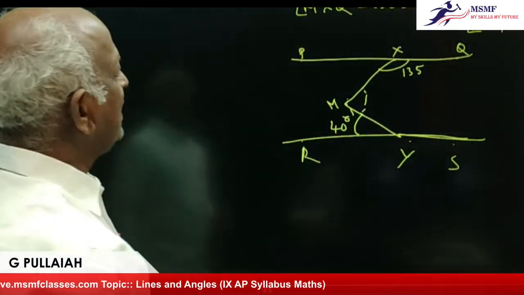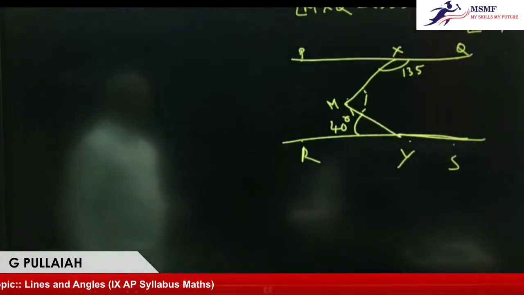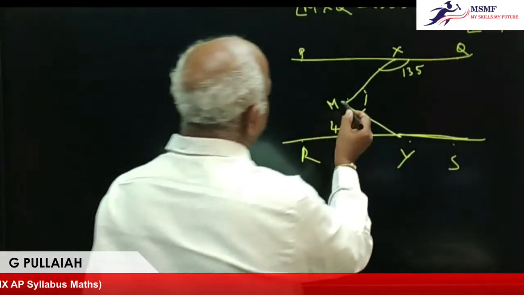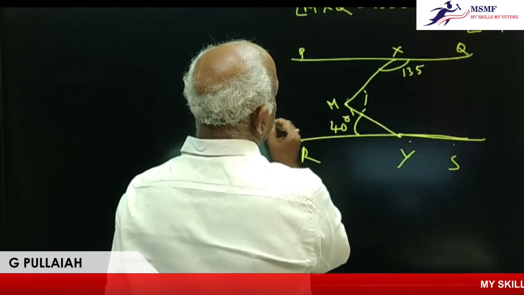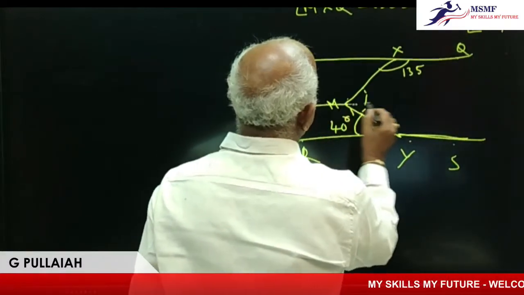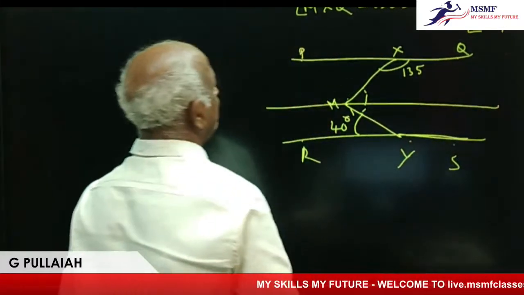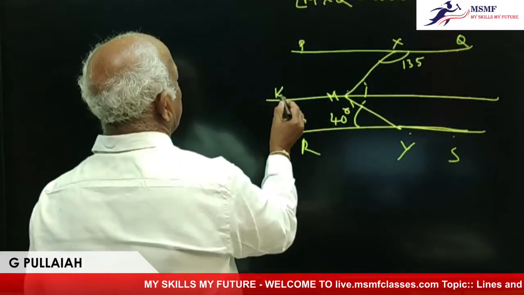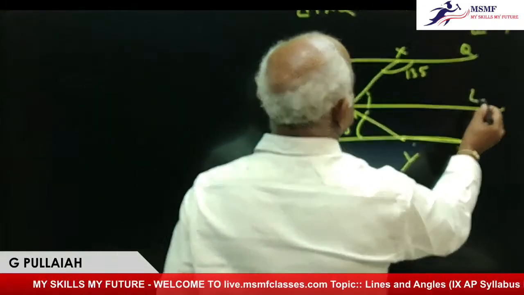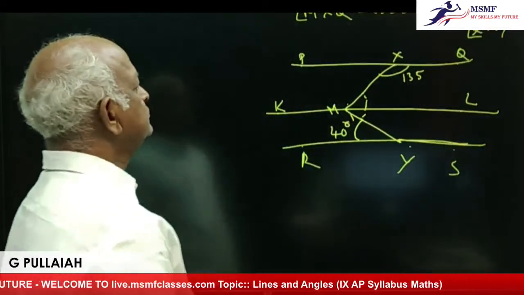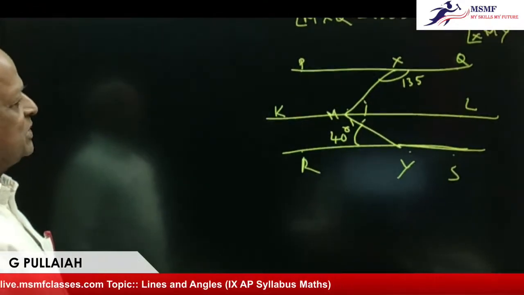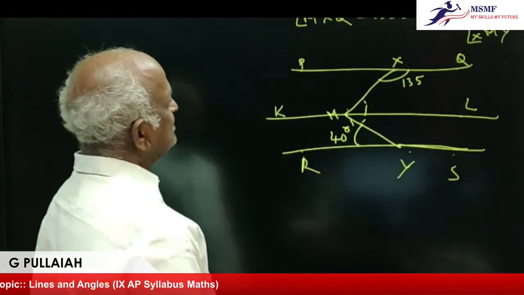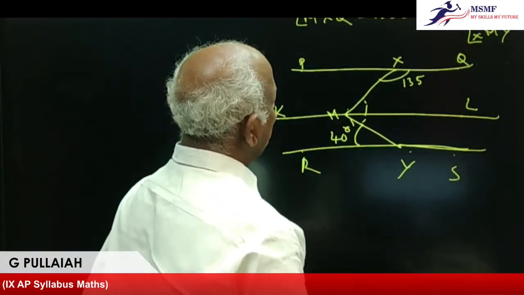So find angle XMY. Now let us draw a line through point M, parallel to PQ. Then this is KL. Observe very carefully. We are expected to find the value of XMY.